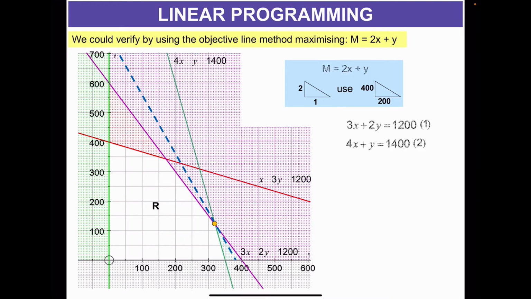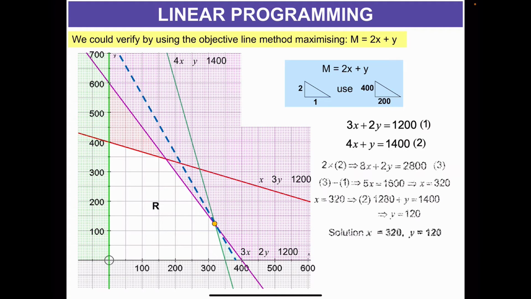If I want to find the coordinates of this point, then obviously you need to find the solution of the system of two equations that represents the two lines that the point is the intersection of. Once you find it, it's 320 and 120, which gives you the maximized value 760, the same as before.